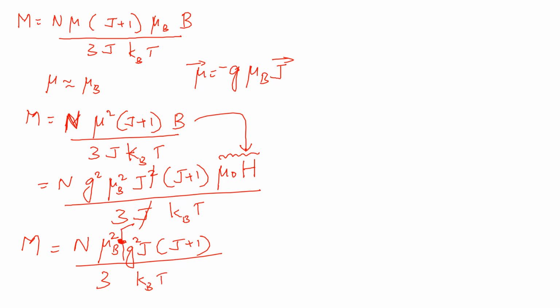So this g squared into j(j plus 1), I'm going to replace it with p squared. There is mu_0 H also there, we missed it.